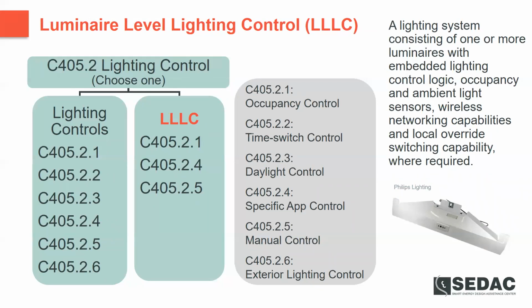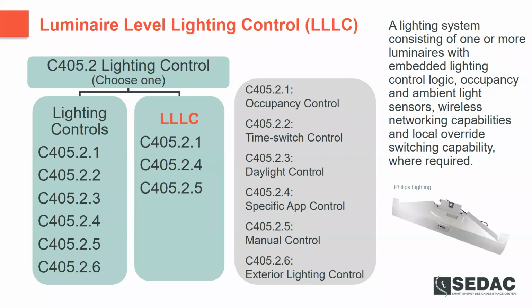But again, modular spaces are a good application for this. You save some upfront costs with wireless sensors and things on the installed cost for wiring sensors into the building. So there are some benefits to this, but again, some additional commissioning, some additional maintenance down the road as these sensors fail over time. So there are some considerations there.